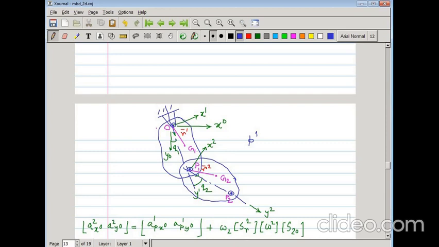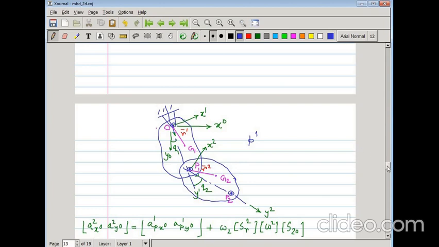Now what is the acceleration of this point? So that would be the acceleration of P1 plus omega cross R plus alpha cross R. Here omega, alpha and r will be those of body 2.